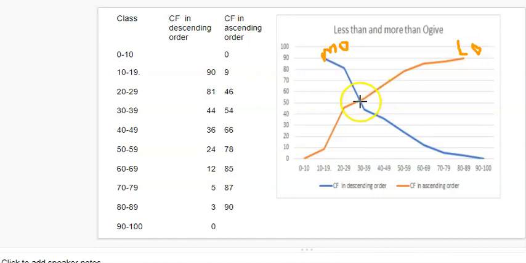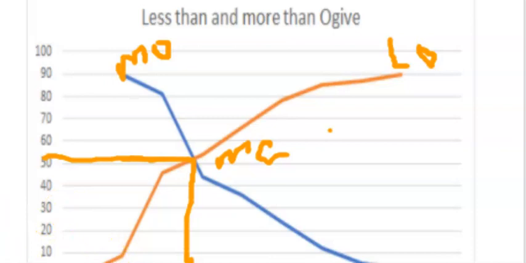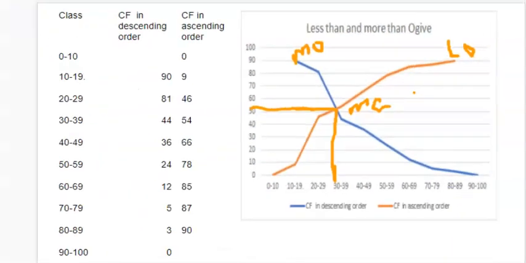And they are meeting at this point, and when we mark it here, the median class is coming in 30 to 39, and the approximate frequency is 50. Okay, so this point is called the median. So the center point is called the median.